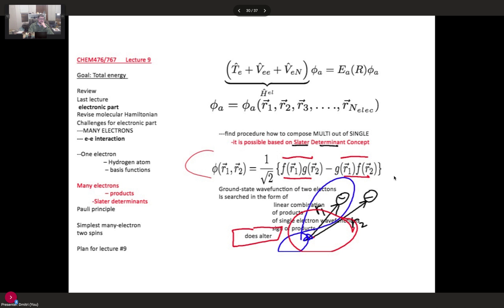Can we establish a correspondence between this expression and the determinant of some 2 by 2 matrix? The determinant of a 2 by 2 matrix is the product of diagonal elements minus the product of the off-diagonal elements, right?